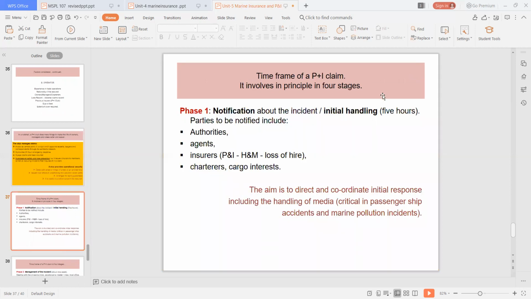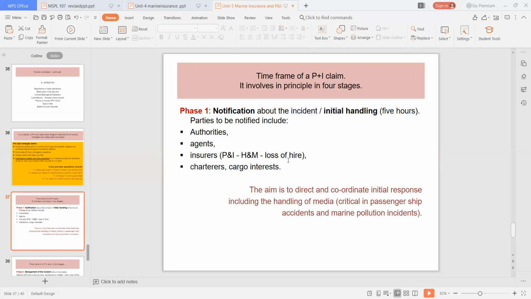Okay. See this time frame of a P&I claim. It involves four principal stages. Phase 1, notification about the incident and initial handling, that is 5 hours. Parties to be notified include authorities, agents, insurers, right?